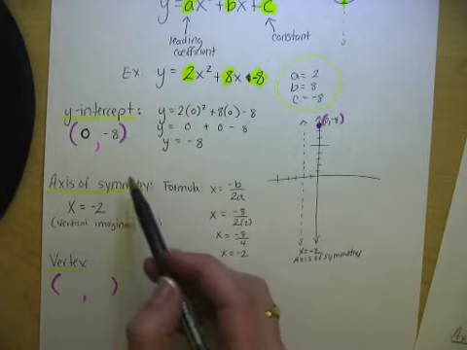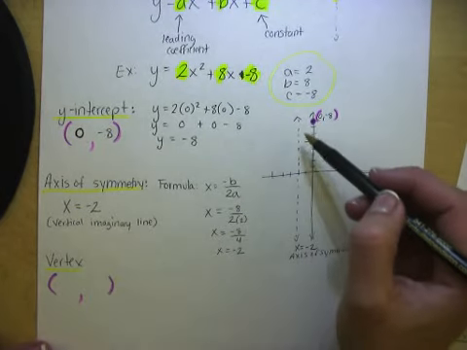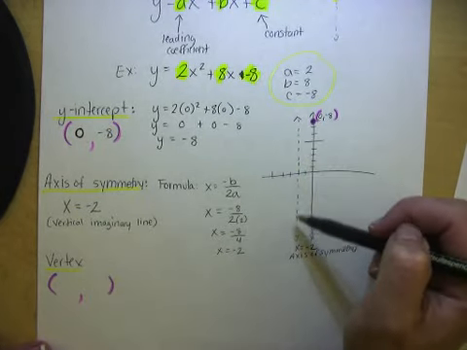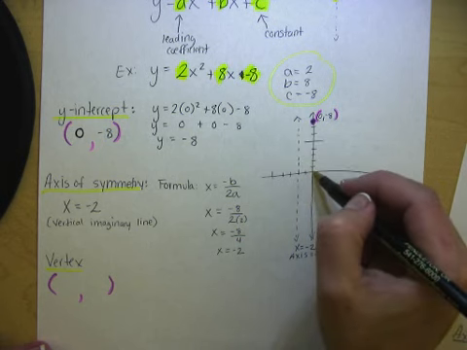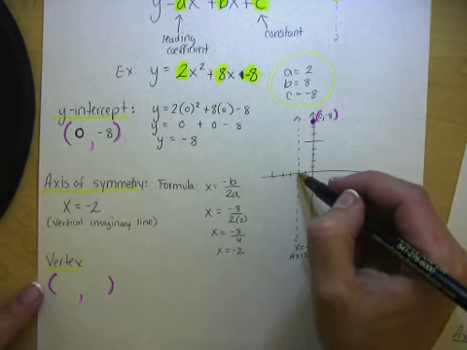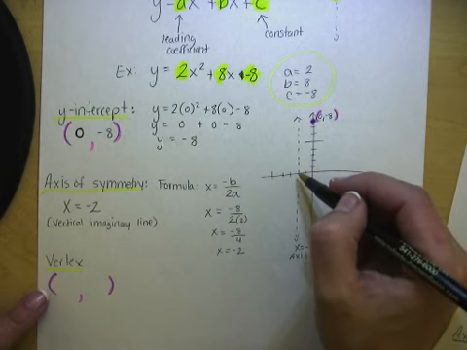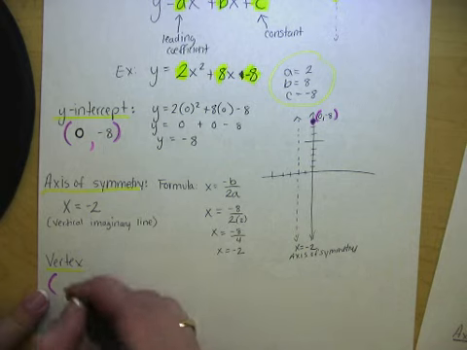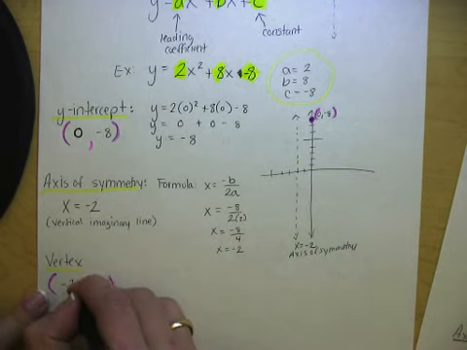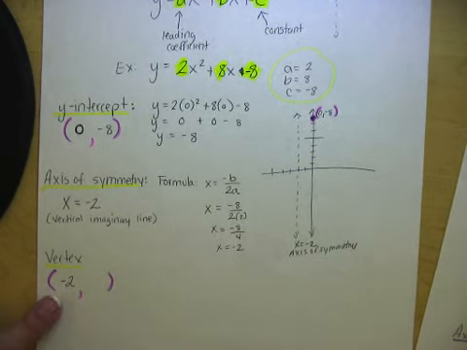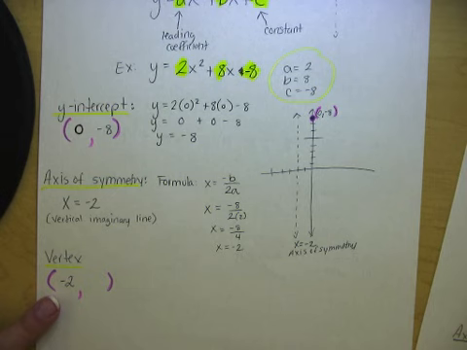Now the good thing is if you already found your axis of symmetry, your vertex is going to be on that axis of symmetry. So you already know to plot your vertex that you have to go over to your axis of symmetry. So in this case, since my axis of symmetry was negative 2, right away, bam, we're halfway there. We have our x-coordinate of our vertex.